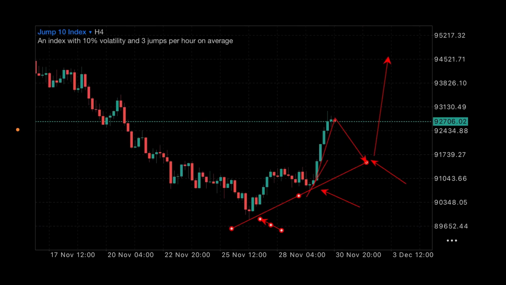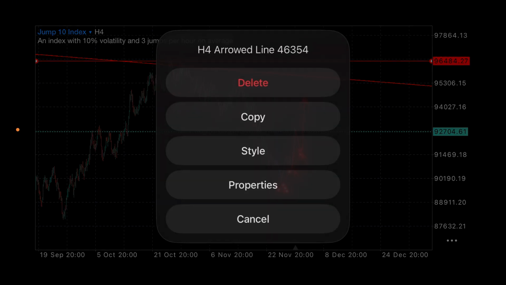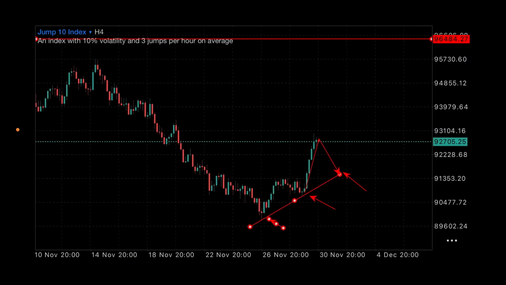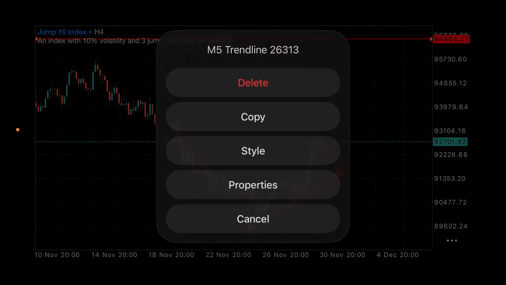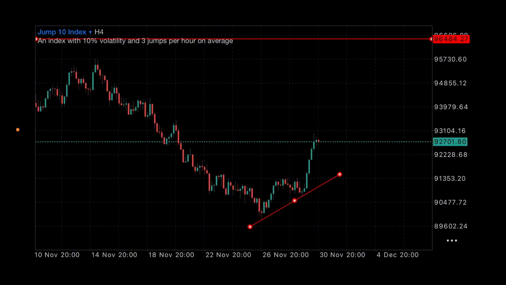So now I've explained how it is when the trend line is bouncing, when you're just trading the bounce. But there are sometimes when you trade the break. What do I mean by the break? It's going to take a lot of time to delete all this. For example, this is Jump 10.